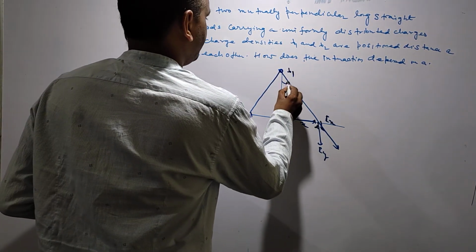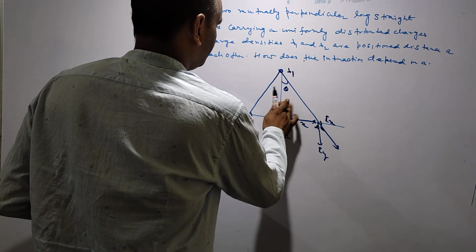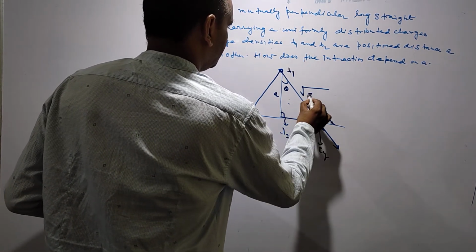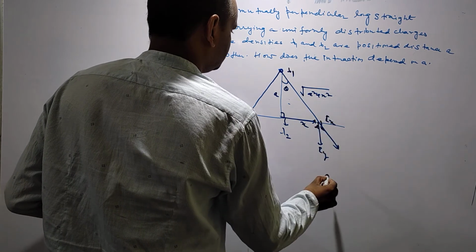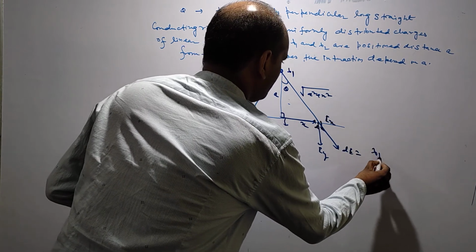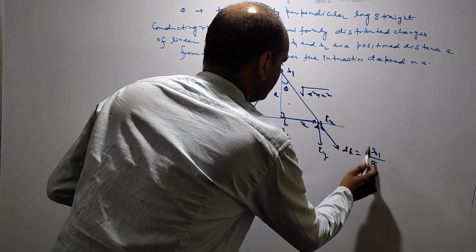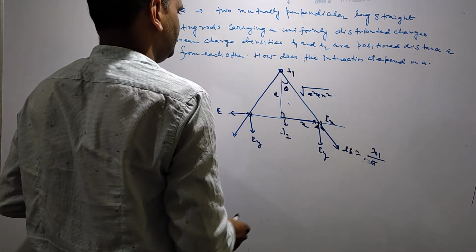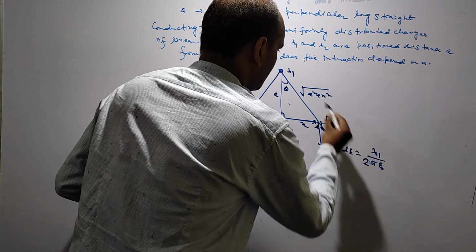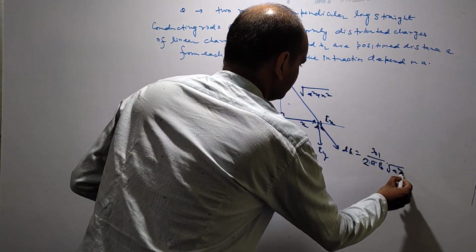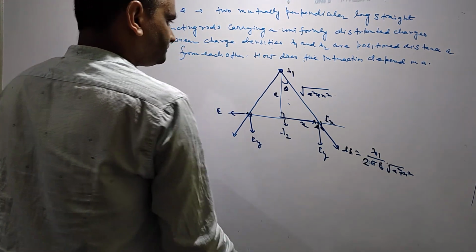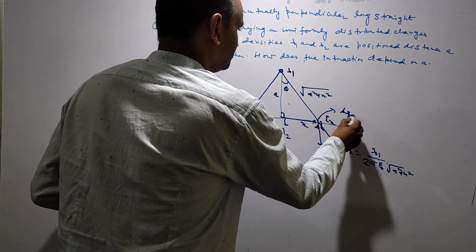And this is, you can say, angle theta, and this is your A, and this will be the hypotenuse, under root a square plus x square. So what will be the dE? Nothing but lambda 1 over 2 pi epsilon naught r, where r is nothing but under root a square plus x square. Okay. Now what will be the dq?